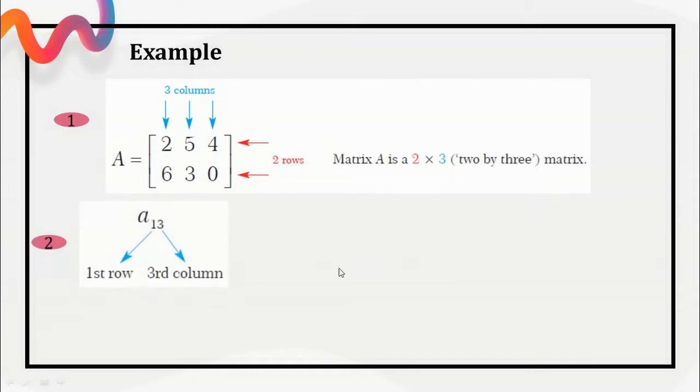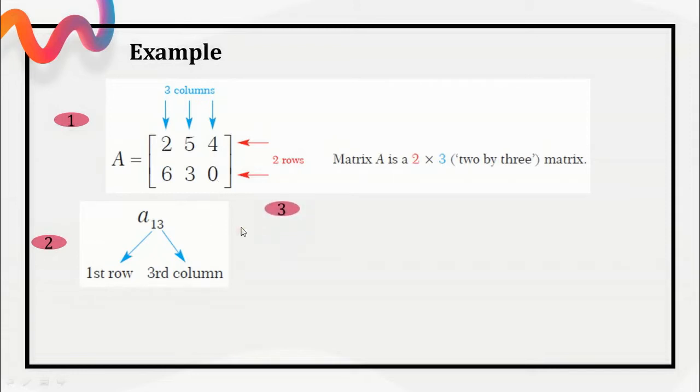Okay, like I said before, we have the entry. A13 is the entry, or element, of matrix A. Here 13 shows that 1 is the first row and 3 is the third column. The first row is 2, 5, 4 and the third column is 4.